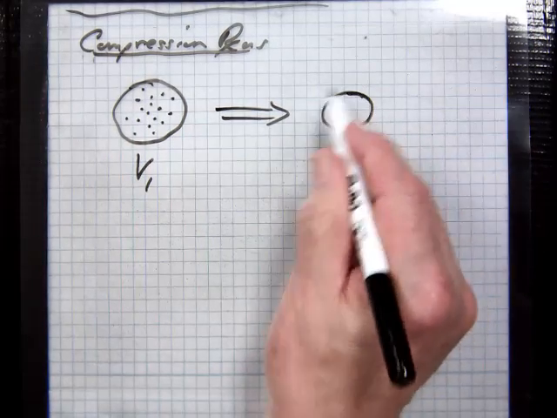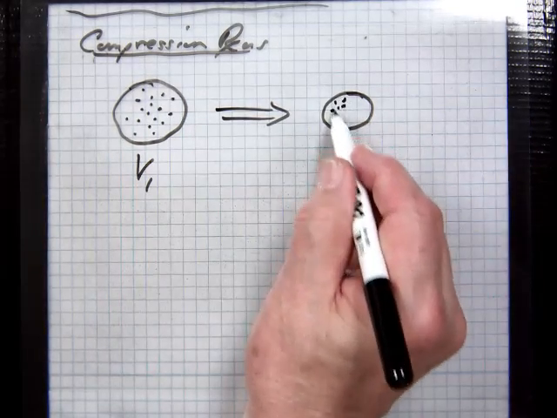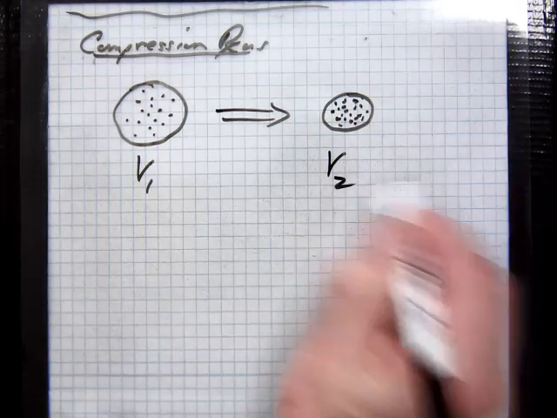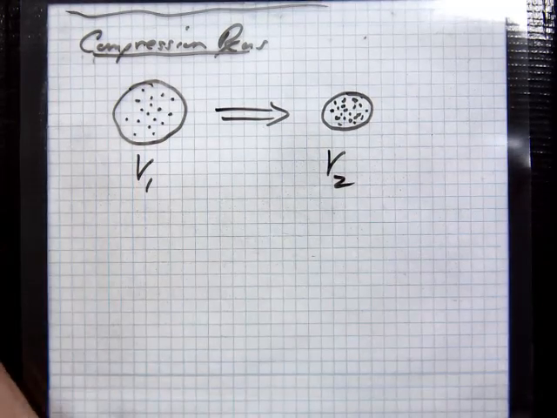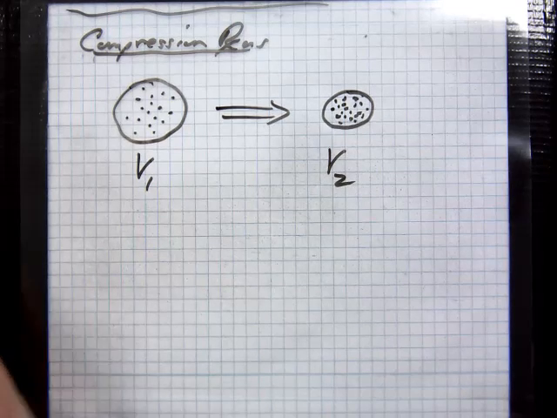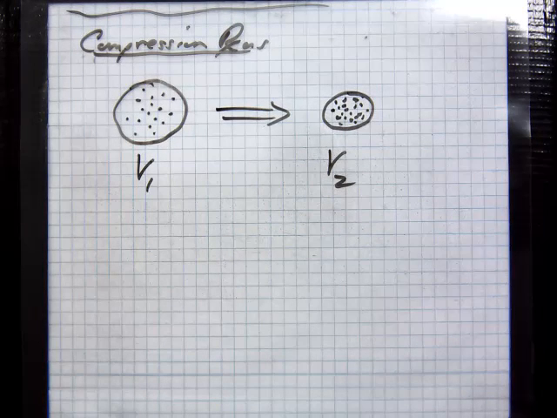So now they're all squeezing together. Squeeze the balloon to volume 2, where volume 2 is less than volume 1. Squeezing an inflated balloon, it'll push back on your hand. Why? Because they're gaining energy.